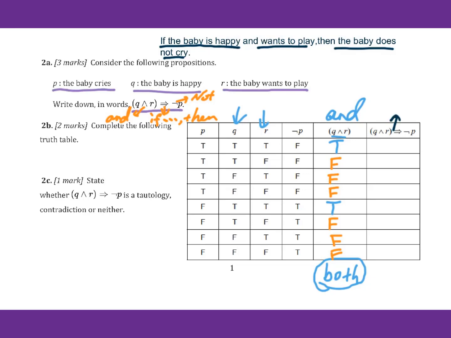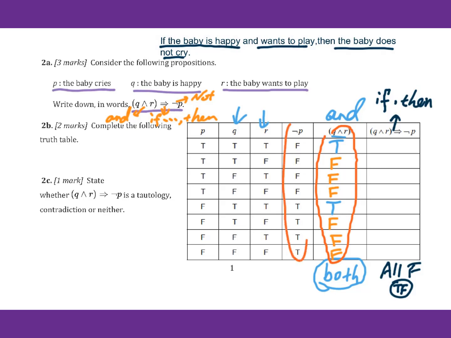This symbol means if, then. Keywords is all true except true, false. You need to look at these two columns. But make sure it's this way.